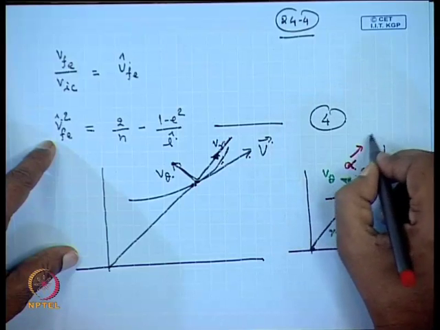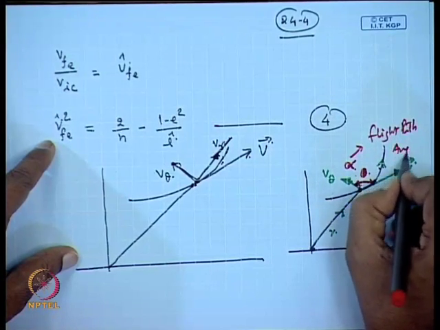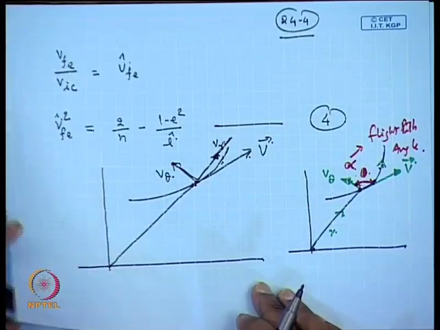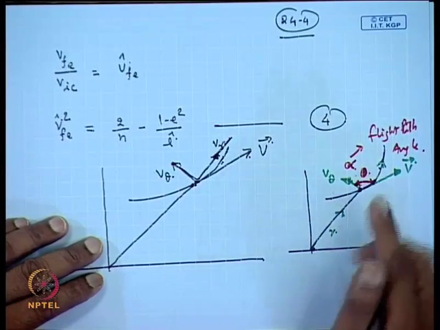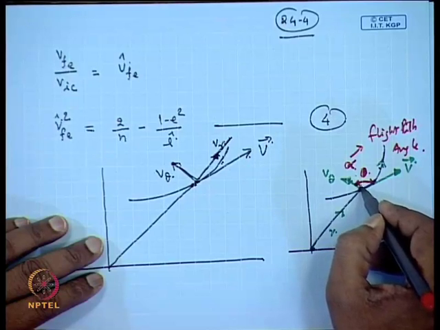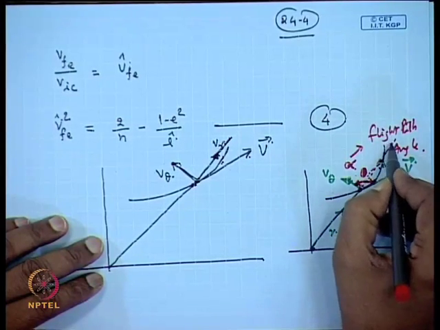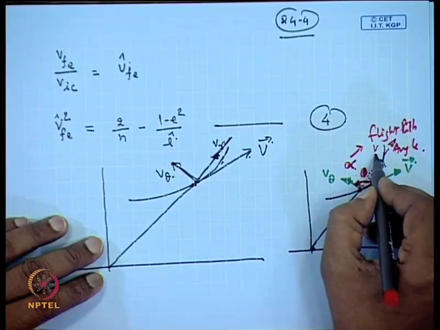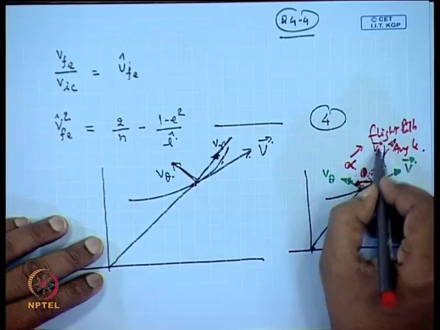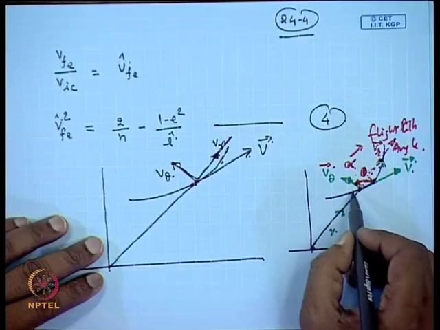So, alpha is the flight path angle, and V r will be just in the radial direction. If this is the direction of r, then here we will have V r in this direction. So, we have V theta here, V here and V r along this direction.